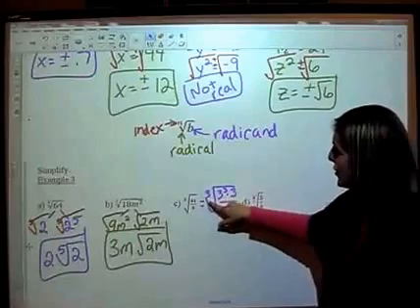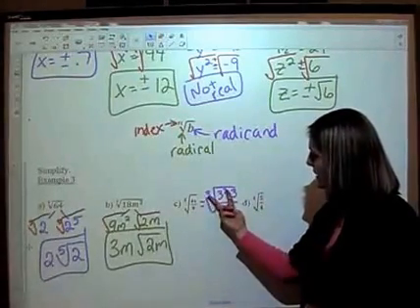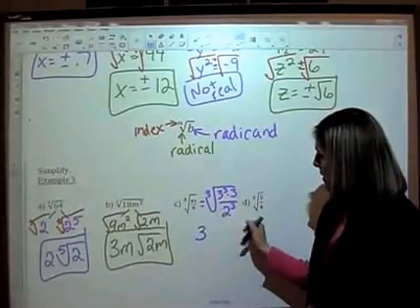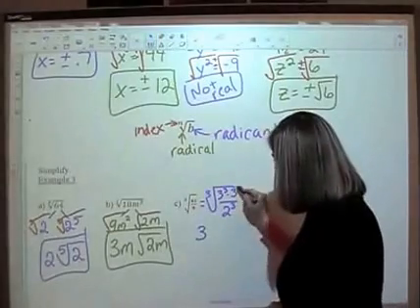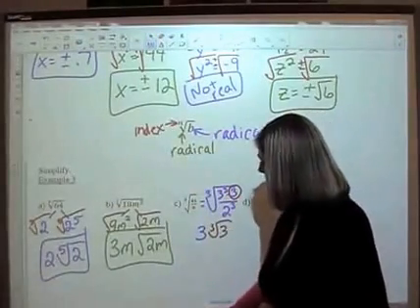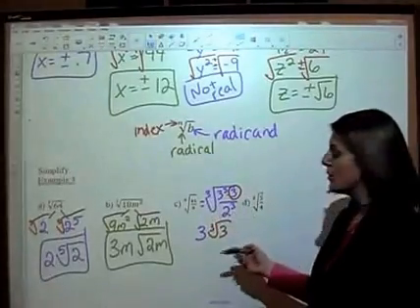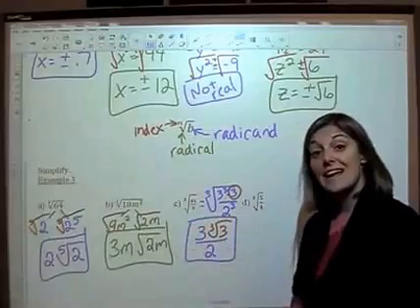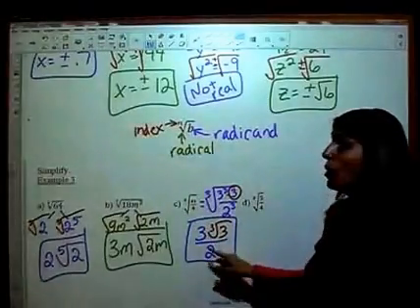And since it's a cube root, we can simplify this, and here your 3's will cancel, so you're left with a 3. You still have this 3 under the radical right here. And then the cube root of 2 cubed just leaves you with 2. So your answer is 3 cube root of 3 all over 2.